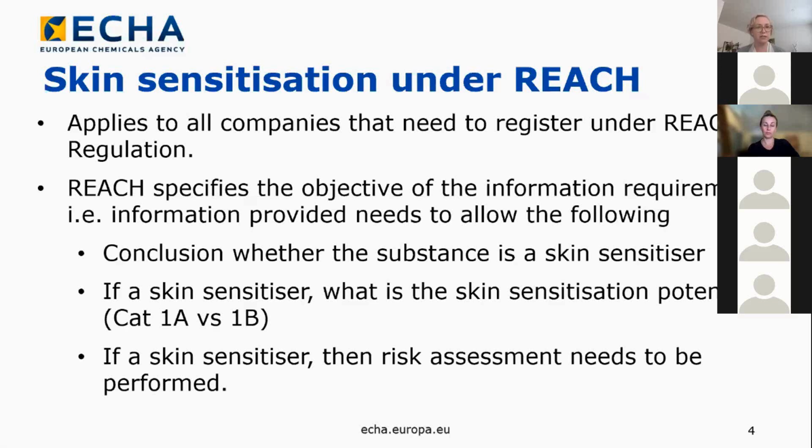And in case the substance is a sensitizer, what is the skin sensitization potency? So whether the substance is a strong or extreme sensitizer versus a moderate sensitizer, meaning category 1A versus 1B, as indicated in the GHS or in the European CLP. Also, if your substance is a skin sensitizer, a risk assessment needs to be performed.